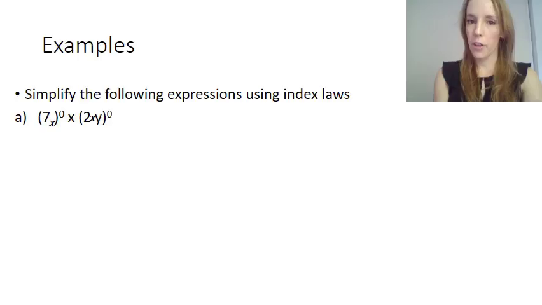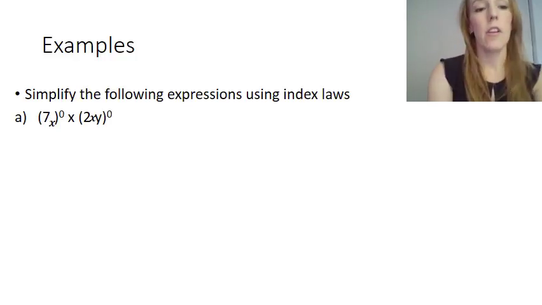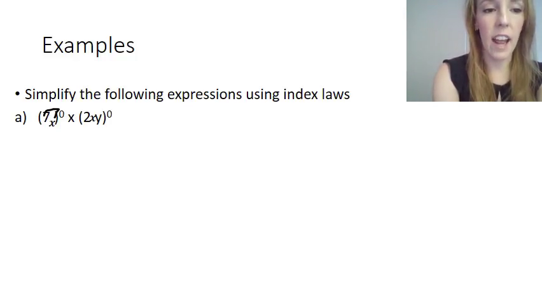Okay, so we've got some examples that we'll work through now that will combine all of the things we've just learnt. The first example that we have to simplify is 7x to the power of 0 multiplied by 2xy to the power of 0. Now, that involves expanding. So the power of 0 goes to both the 7 and the x.